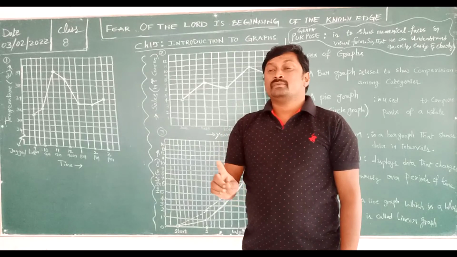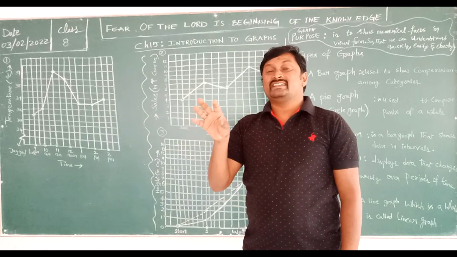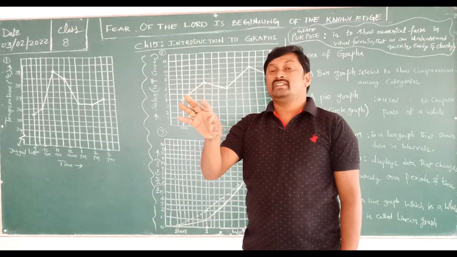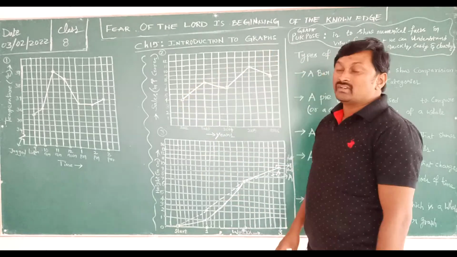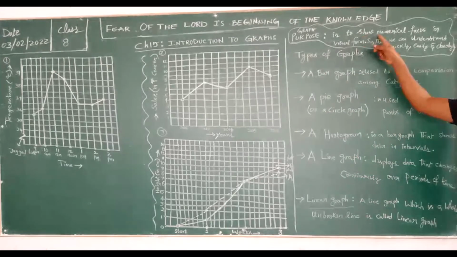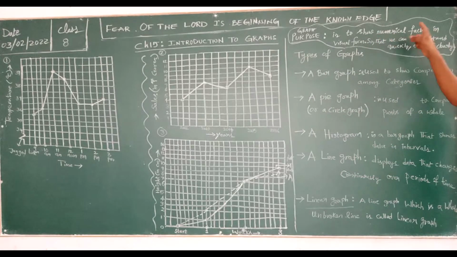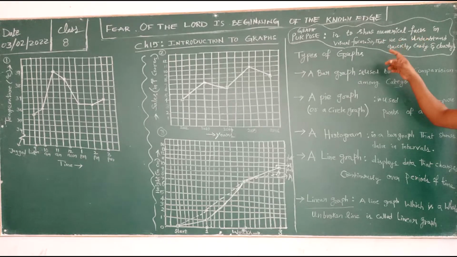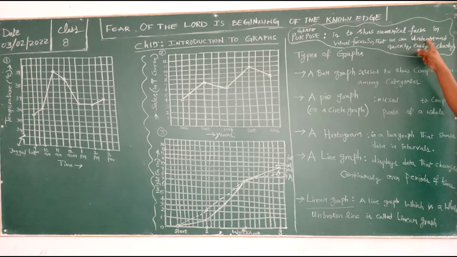Now today we are going to discuss the introduction of any data. Any data represented visually is called a graph. The purpose of a graph is to show numerical facts in visual form, so that we can understand whatever the concept is quickly, easily, and clearly.